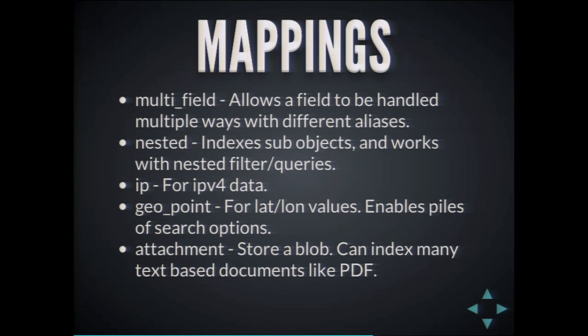You can do types for IP data, geopoint data, so that's a lat long. You can also do attachments, which is a pretty crazy feature. I just found out about it. I didn't know that it existed. I think they added it recently, I'm not sure. But anyways, if you index a text-based document like a PDF or a Microsoft Office XML file, or a text file or an RTF file, Elasticsearch will index all of that too.